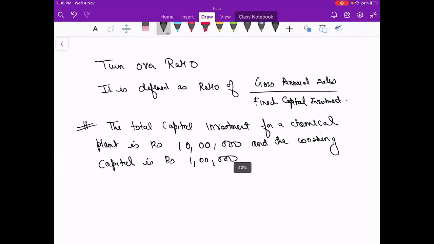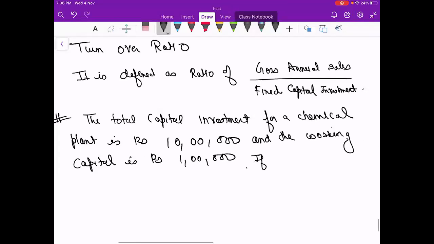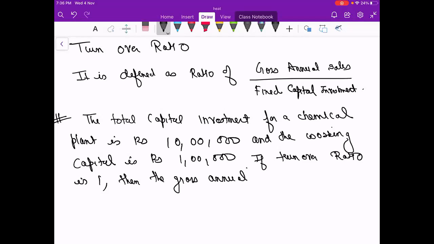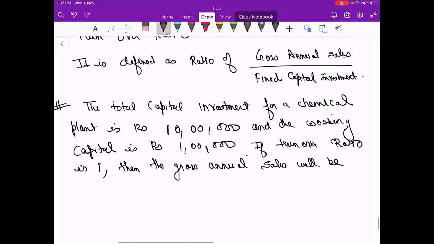If the turnover ratio is 1, then the gross annual sales will be calculated.